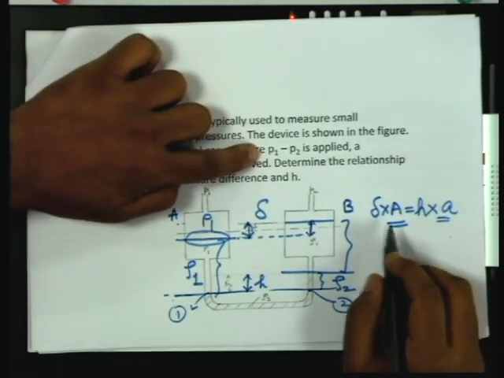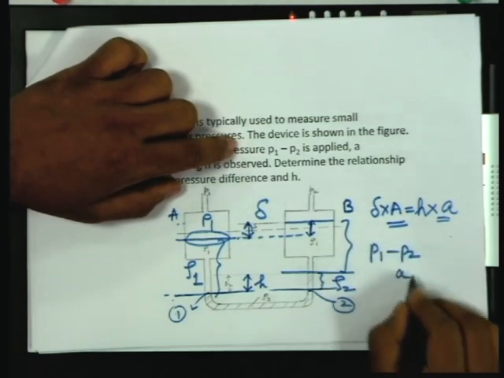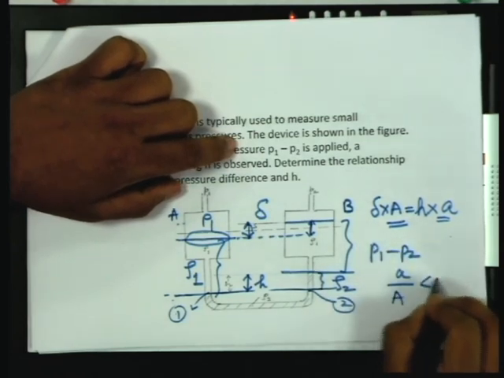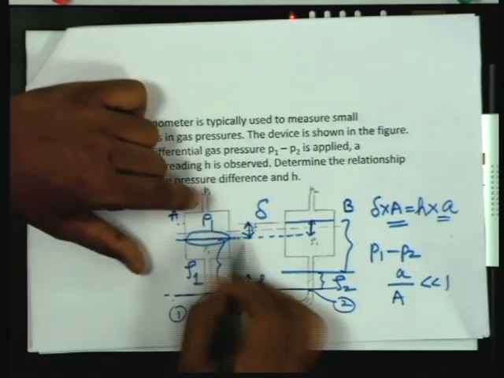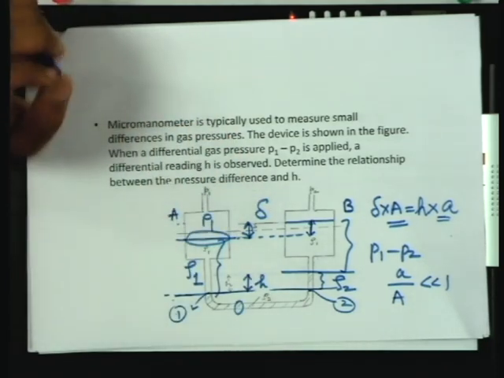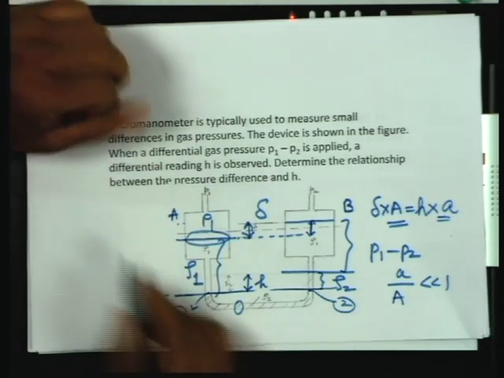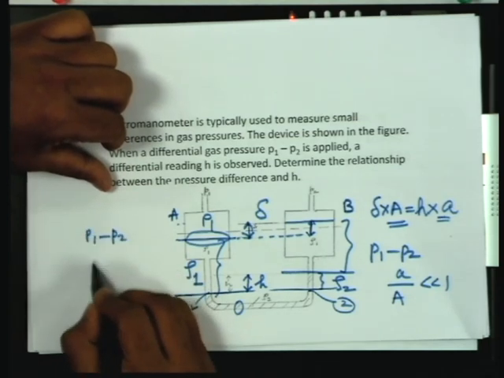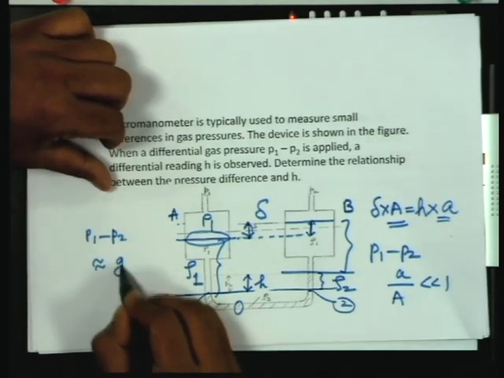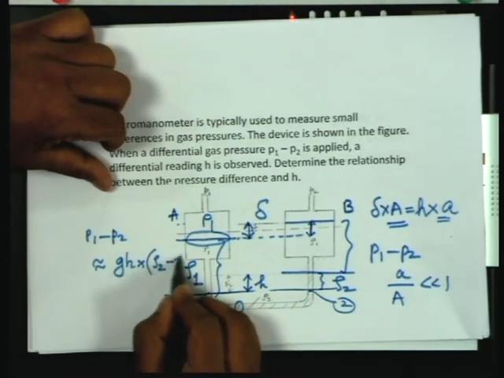You should derive the difference in pressure by assuming that small a by capital A is much less than 1, which means the diameter of the tube is much smaller than the diameter of the chamber. So, the answer is P1 minus P2 is approximately equal to g h times (rho 2 minus rho 1).